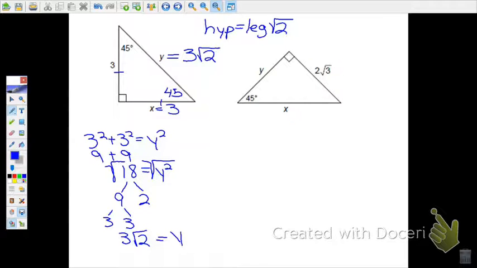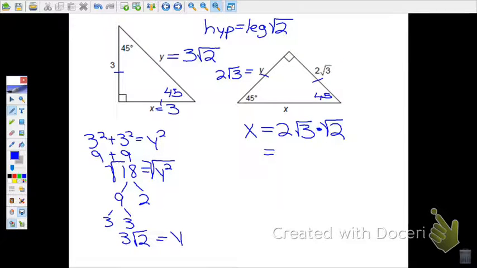So next example. Again, I've got that 45-45-90 triangle. My two legs are congruent, so I know y is 2 square root of 3. So for my hypotenuse x, I'm going to write it down here, hypotenuse x equals the leg 2 square root of 3 times square root of 2.